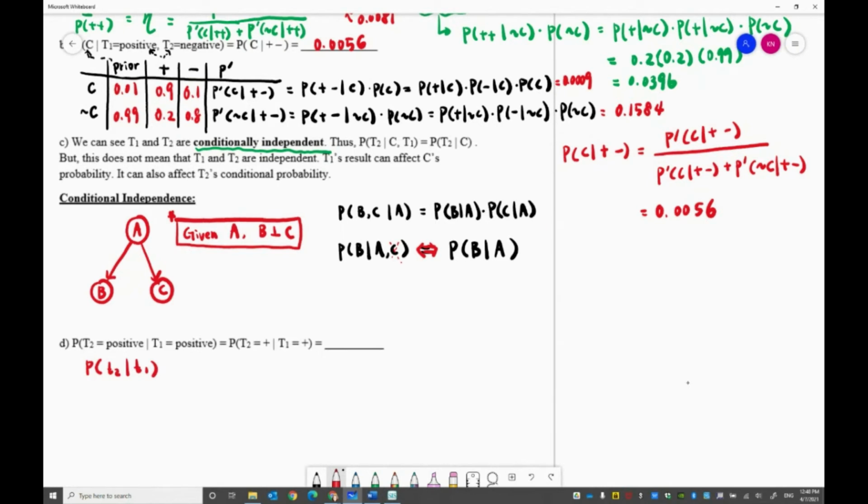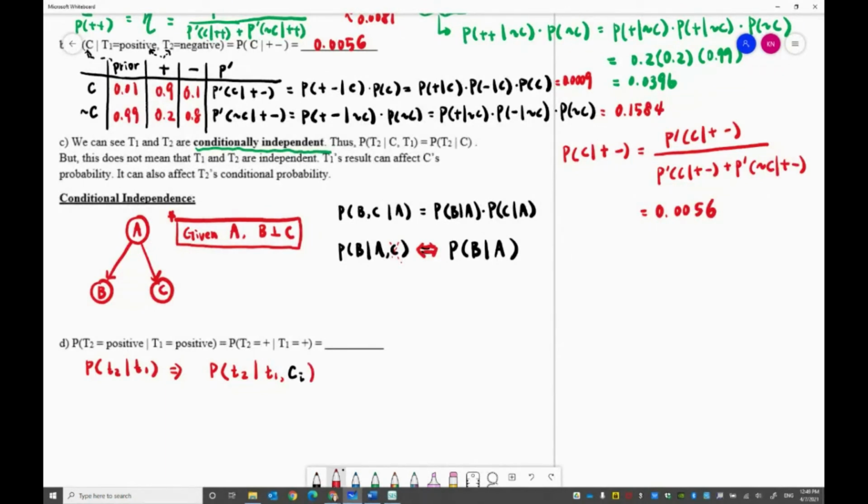So I can change it to the probability of tester 2 given tester 1 and the cause. In this problem, if you go all the way up, the cause is cancer, so C. But I have to care about C being positive or C being negative, both cases. So I'm going to say for each C.